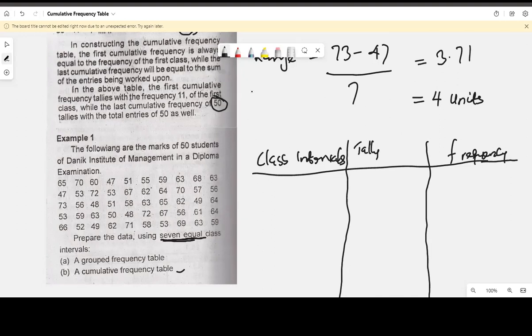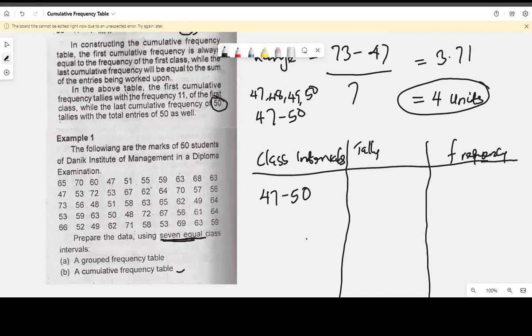So 47, 48, 49, and 50. Meaning my first interval should be 47 to 50 because I want to have 4 entries in each interval.